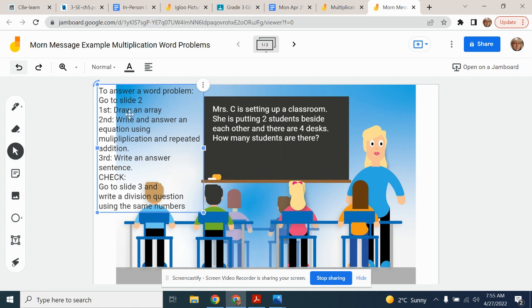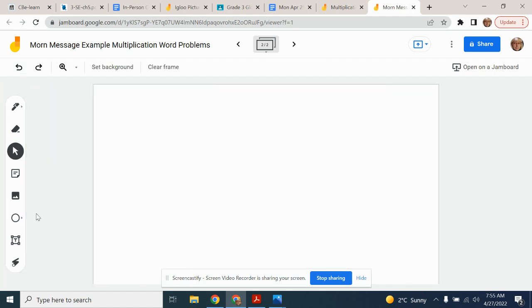So let's get started. We're going to go to slide 2 first and draw an array showing this question. The important numbers are 2 and 4, so we need an array with 2 and 4. Multiplication array. Remember, you just go to the circle here quickly. You don't spend a lot of time. I'm going to color it in.